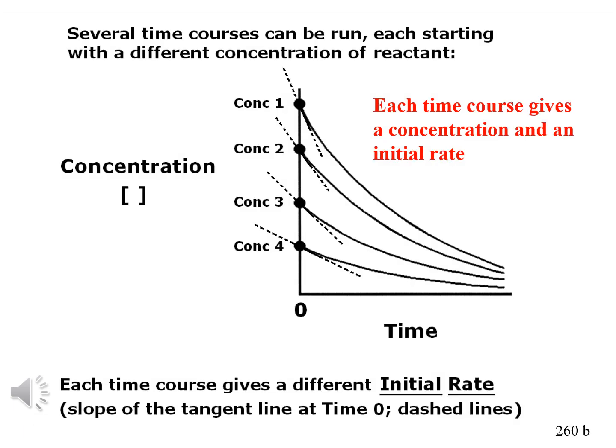If you make several time courses, each one of them can give you the slope of the tangent line at time zero, which is called the initial rate, and also the concentration at which the experiment was done.